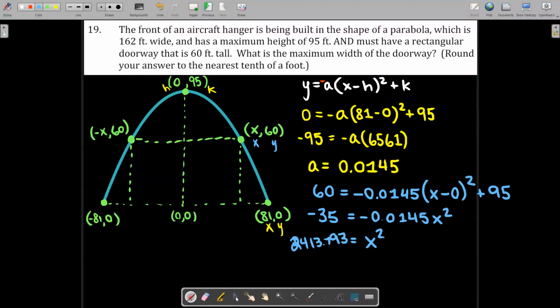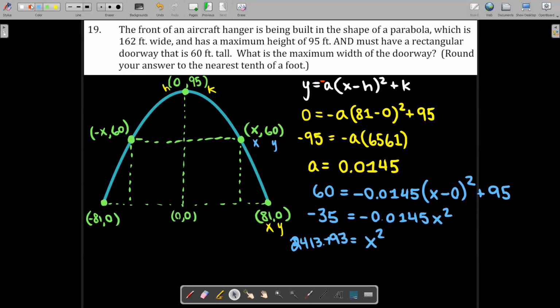Okay, and then we take the square root of both sides in order to get the x by itself. And we're talking about distances, so we don't have to consider the negative root. But if we do that, we're going to get our x value. X is equal to, I'm not going to pull up the calculator again. I just happen to know this one, 49.17, because I did it earlier.